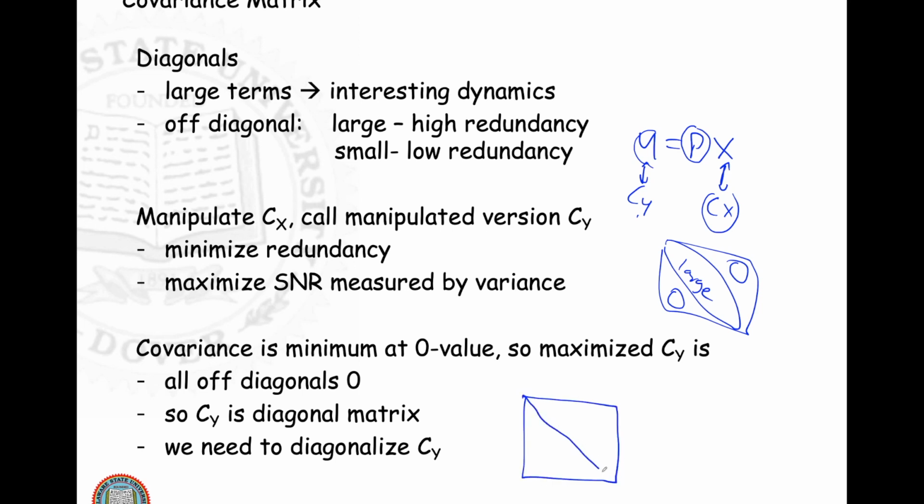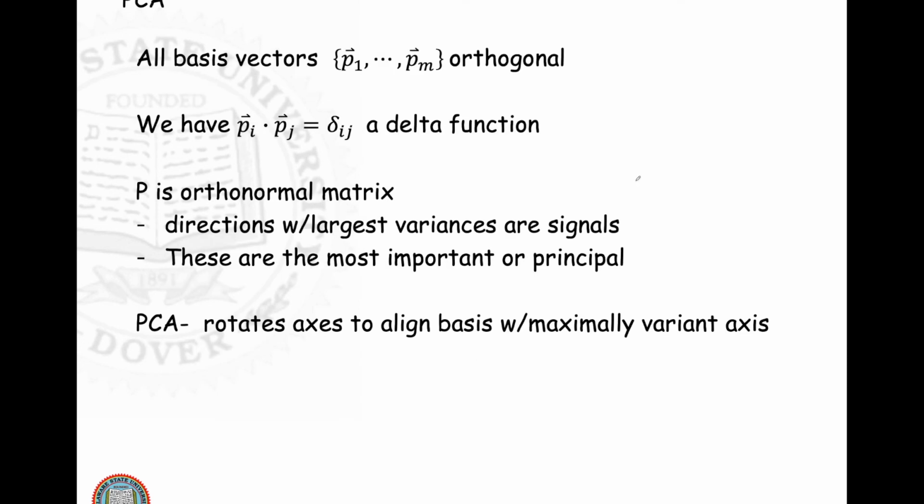The diagonal components are non-zero, and in this case, we want them to be large, and the off-diagonal components, the covariances, are all zero. So we essentially want a P that when we transform our original representation, the result is that the associated covariance matrix, CY, is diagonalized.